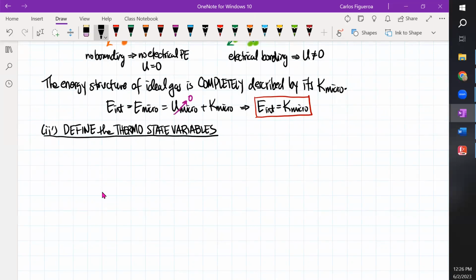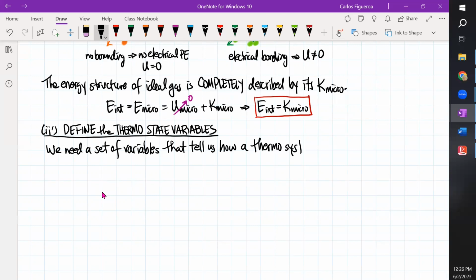So we need a set of variables that tell us how a thermal system changes according to K micro. And what we find here is that there are 4 variables.